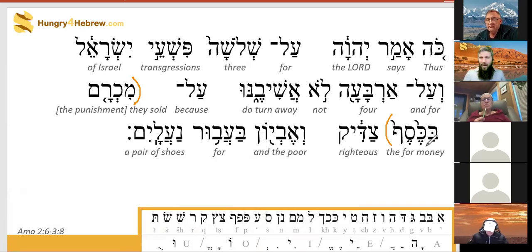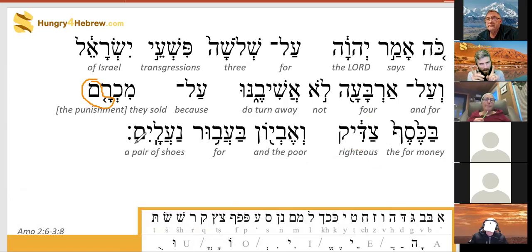How is it done? Kesef, with silver. And who's the one being sold? The tzaddik, the righteous one. Oof. Oh, the tzaddik is not the one who's being sold. It's the one who's selling, because the tzaddik is the subject.